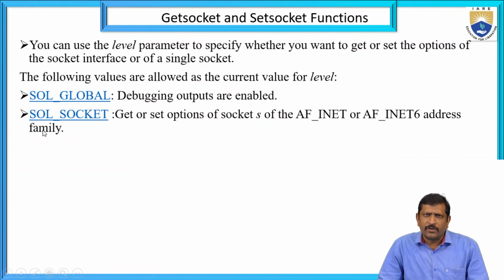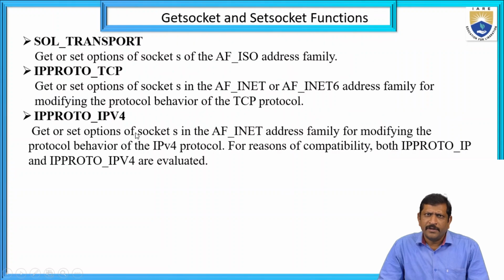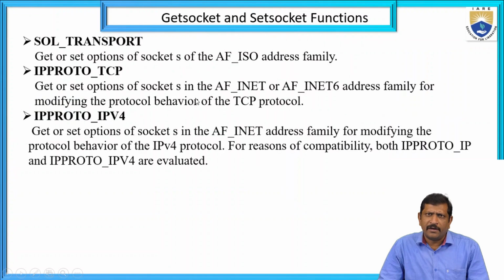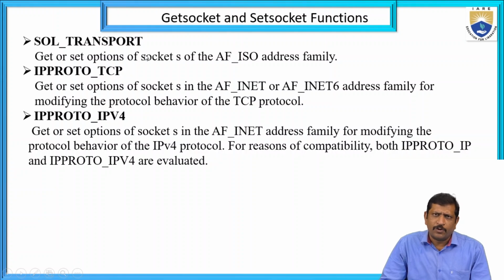And at the socket level, it gets or sets the options of a socket S of the address family AF_INET or address family AF_INET6. And the next level, the next tag value, is SOL_TRANSPORT, socket level transport.